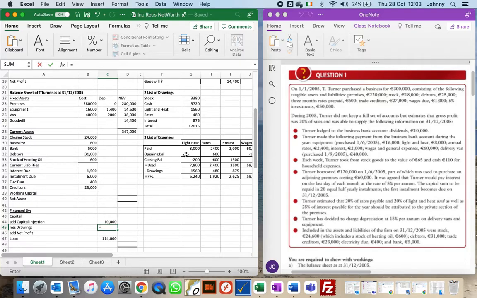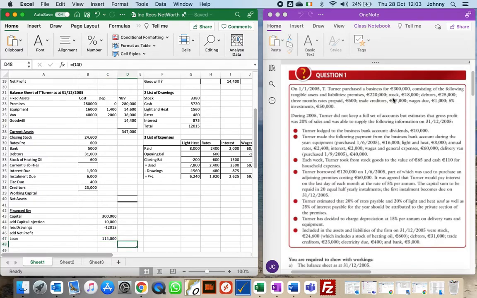So drawings is minus, there's the total figure. The capital was a figure given at the beginning of the question. He bought the business for 300,000. So we've got our capital injection of 10 grand, that was dividends. We've got our drawings dealt with. So the missing figure then is going to be net profit.